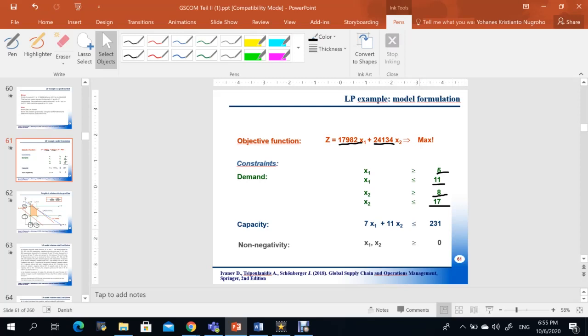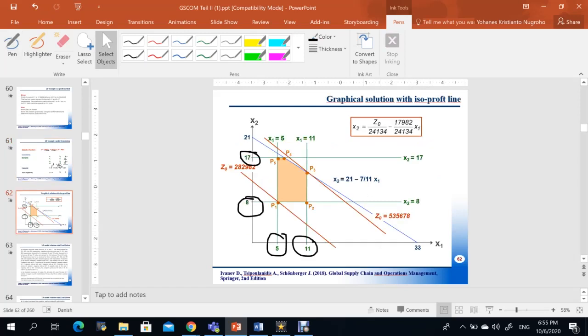The capacity constraint. Similarly, we put, for instance, x1 equal to 0, and we have to calculate x2 equal to 231 divided by 11, maybe around 21 point something. Yes, 21 for x2, and then 0 for x1.